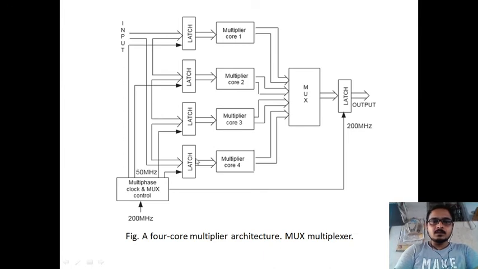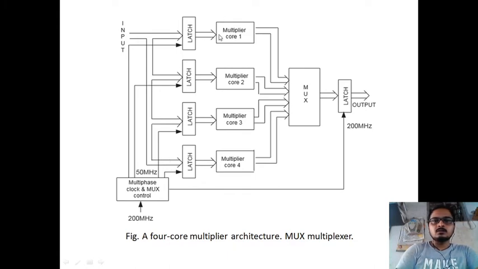See here, this is the multi-core architecture. This is the 4-core architecture. If you have an 8-core architecture, we add another 4 cores here at the down level. See here, the core is followed by a latch, and for every latch we give the input and clock signal.